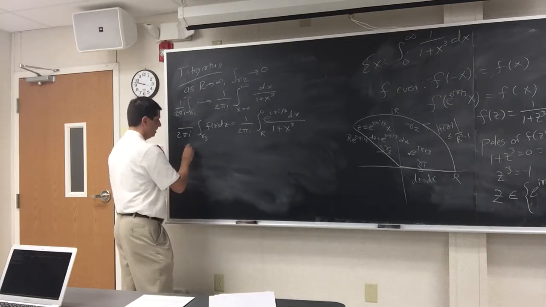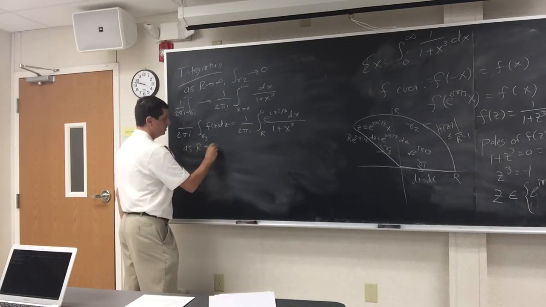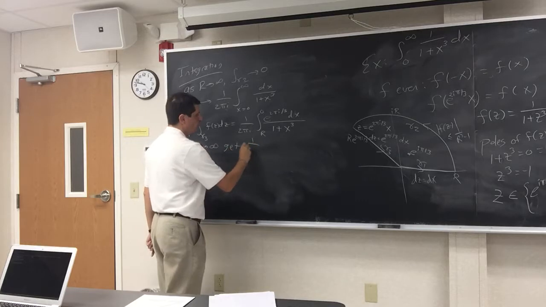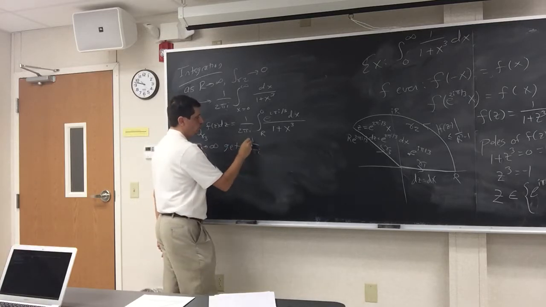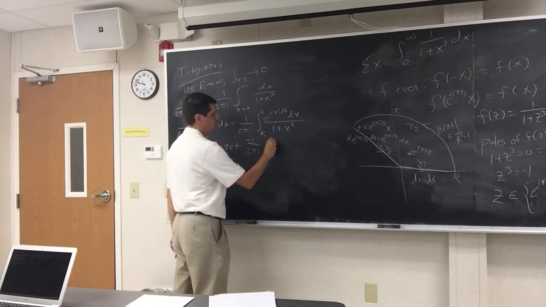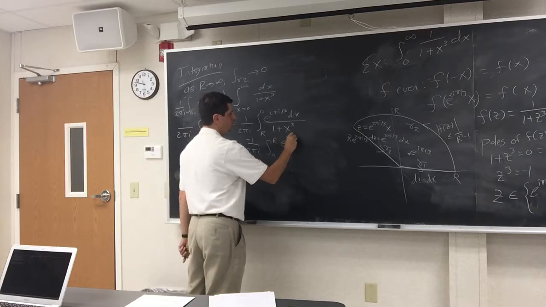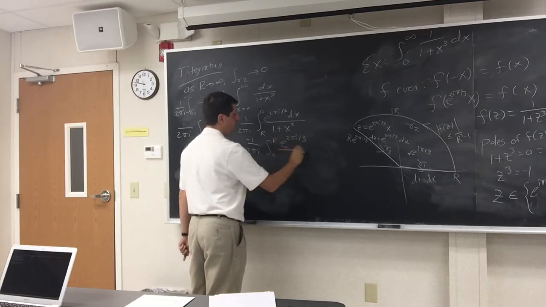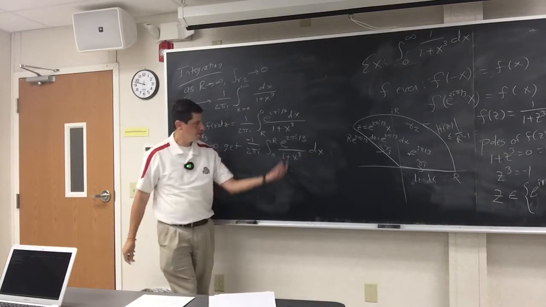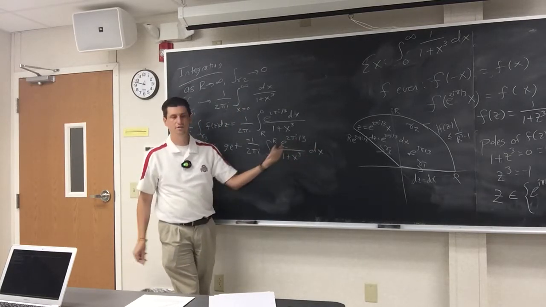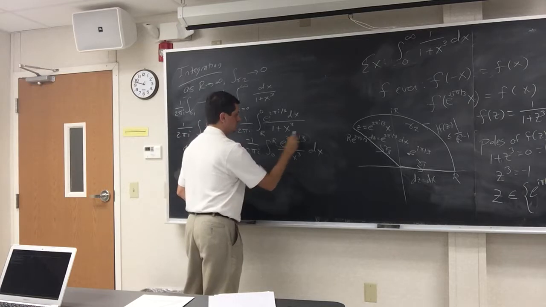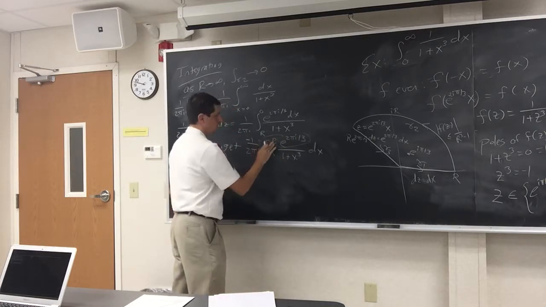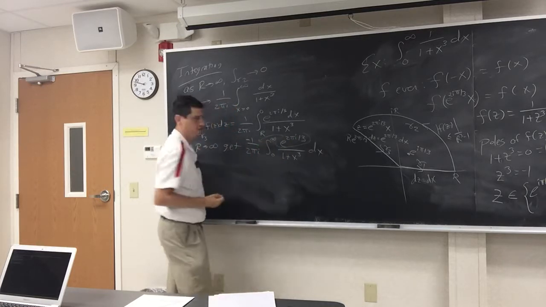So as r goes to infinity, we get 1 over 2 pi i with a minus sign, integral from 0 to r, e to the 2 pi i over 3, over 1 plus x cubed dx. Does this depend on x? And then as r goes to infinity, that becomes infinity.